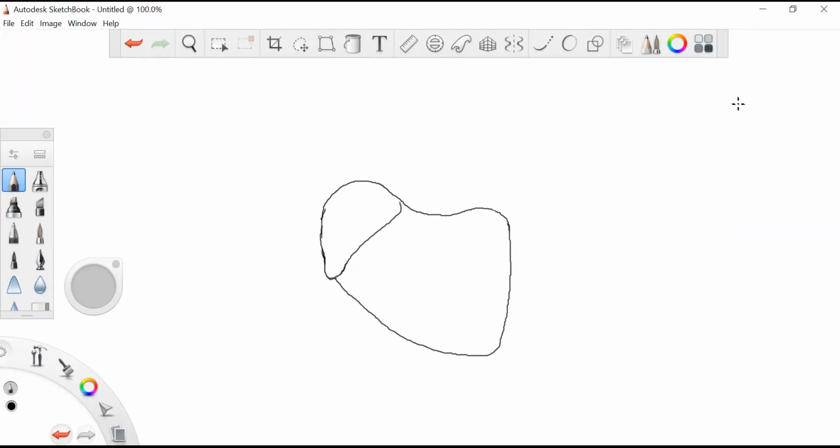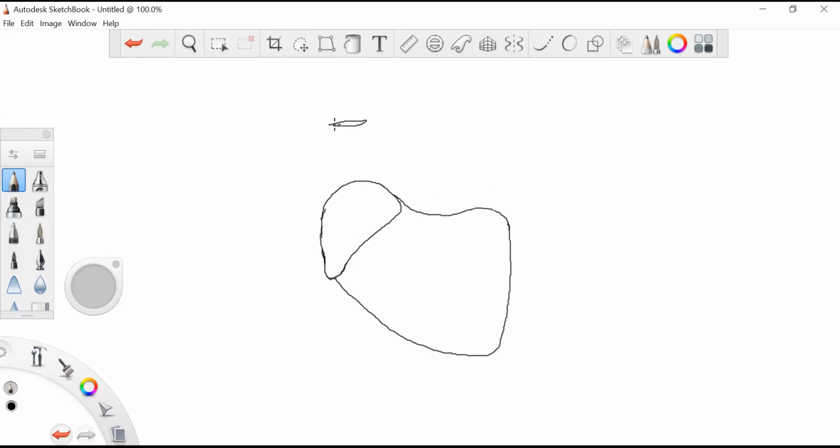Okay, we'll take it slow and steady. The next step will be to sketch the vena cava. For your information, the vena cava carries deoxygenated blood from the rest of the body back to your heart again. Roughly at the top of your right atrium, we're going to sketch the vena cava.